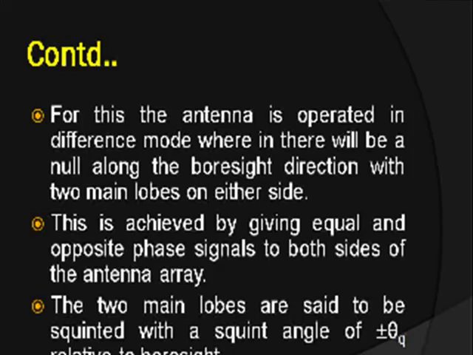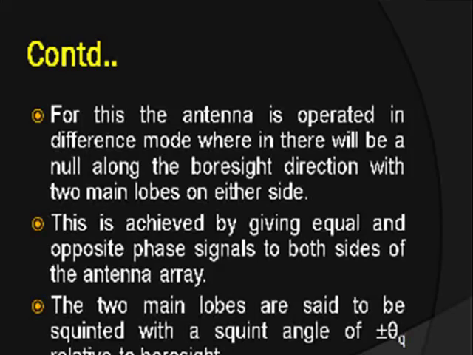If they are placed not exactly so, then there will be high signal in one beam and low signal in the other. So there will be a comparator output, and this will be given to a servo system.